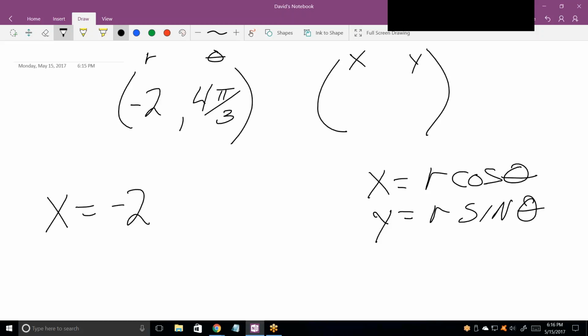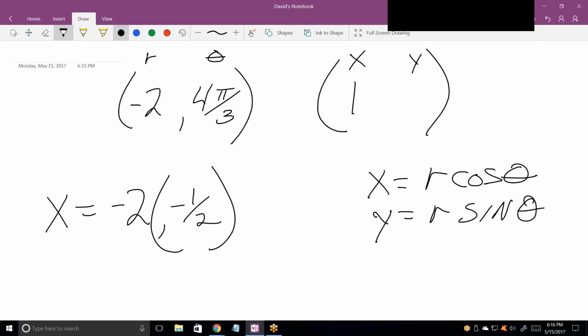What's the cosine of 4 pi over 3? Negative root 3 over 2. I think it's negative 1/2. Oh, yeah. So it's minus 2 times negative 1/2. So the x-coordinate is 1.